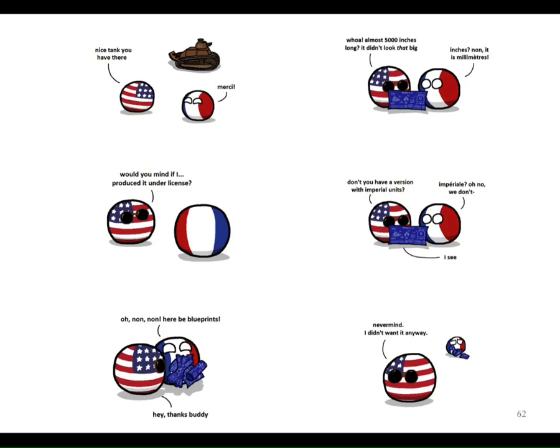According to this, the French made a cool tank. The US said they would make it under license, and got the blueprints from France. And of course, the French use the SI system of measurements, and Americans use the American system of measurements, and they don't line up.